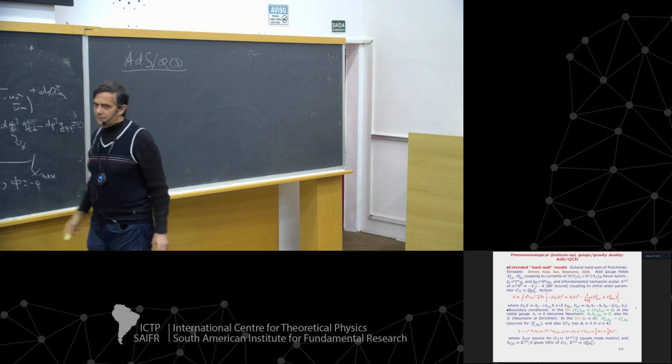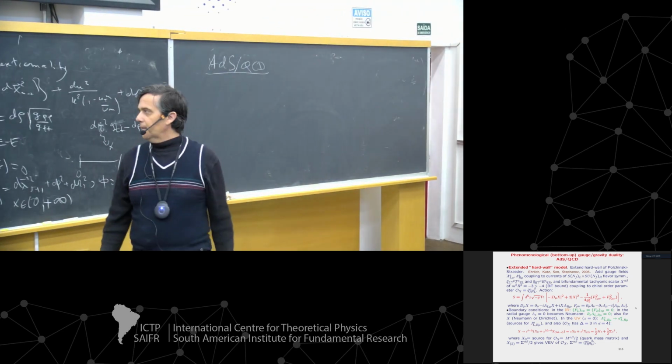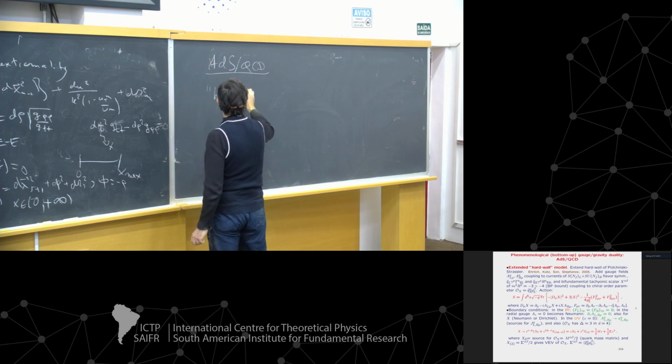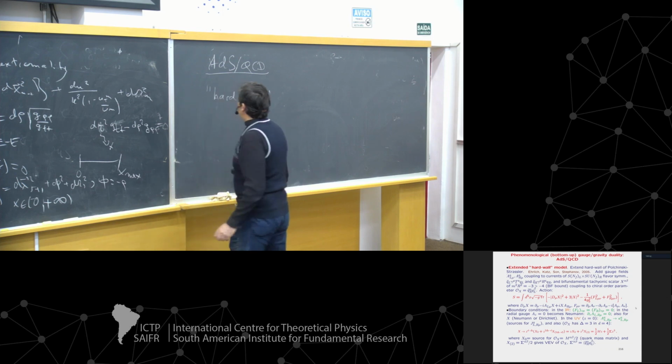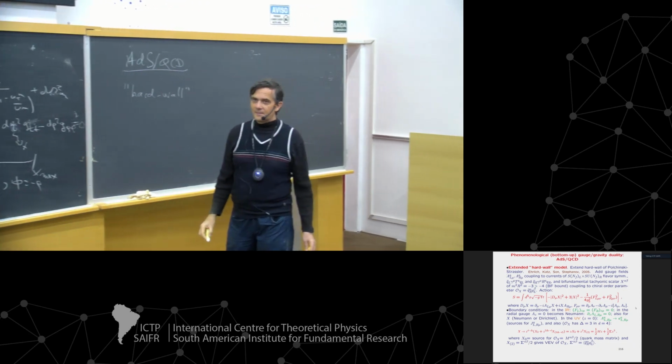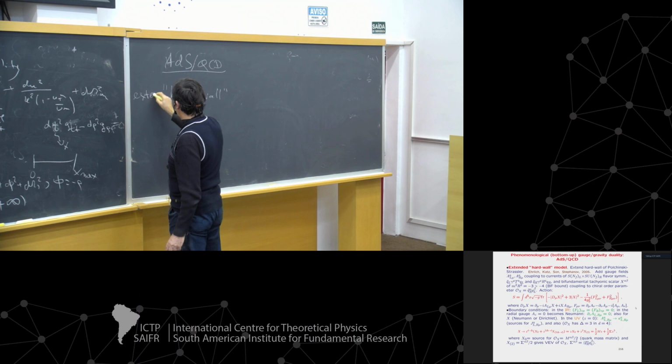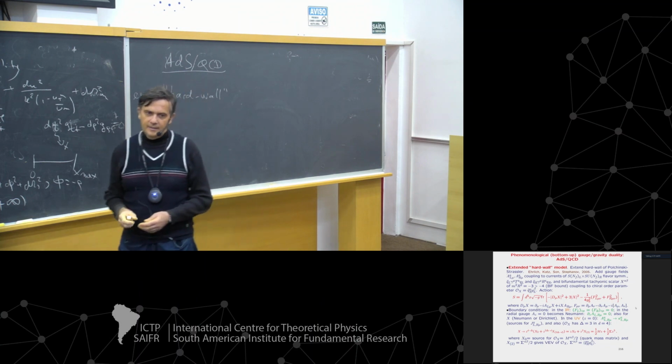So these are phenomenological models. And we said that the simplest one was the hard wall model. That was in some sense top-down, but now let me extend this hard wall model.